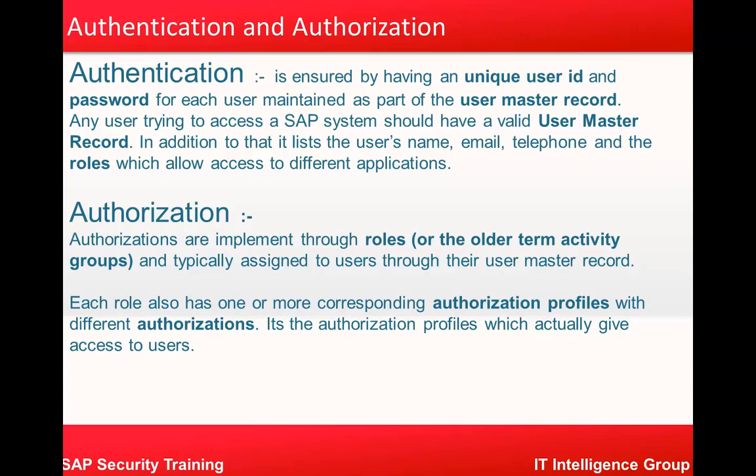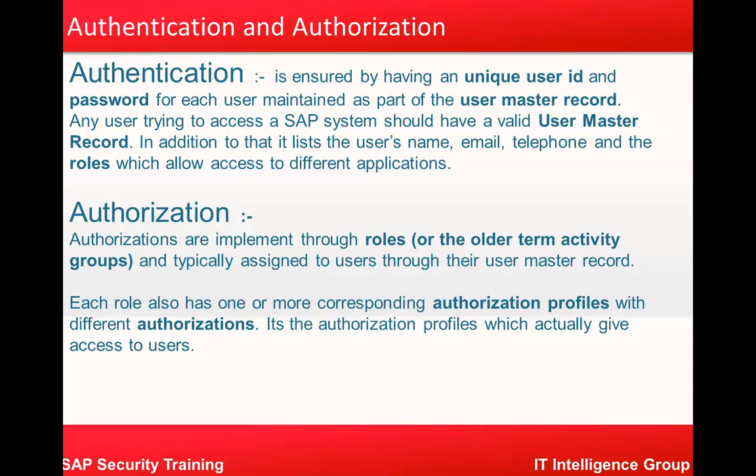Authorizations are implemented through roles, or the older security term activity group, which was used in previous versions of SAP, and are typically assigned to users through their user master record. Each role has one or more corresponding authorization profiles with different authorizations. It is the authorization profile which actually gives access to users.